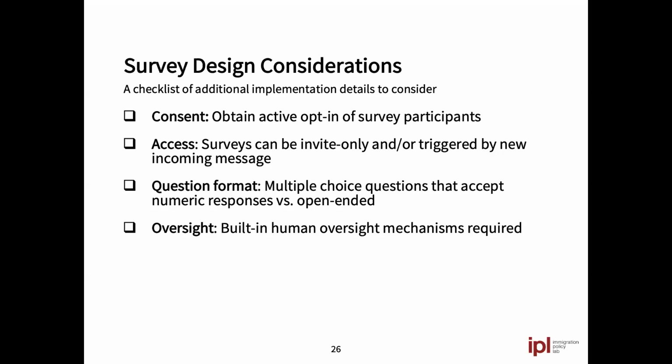These surveys really do feel like an interactive conversation, as you saw in the video, as you may have experienced yourself, because it does take place on a social messaging app, so there may be an assumption on your participants' end that there is a human on the other end engaging with them in conversation. So to build in human oversight and the ability for them to connect if needed is critical.